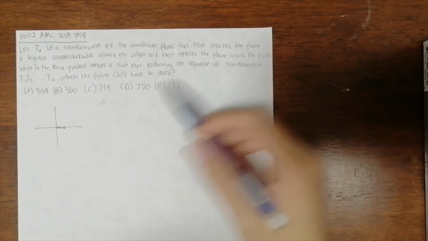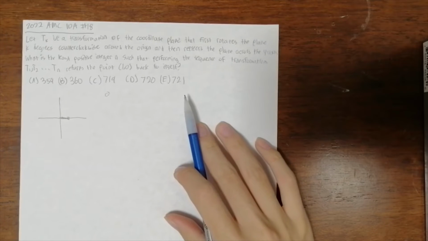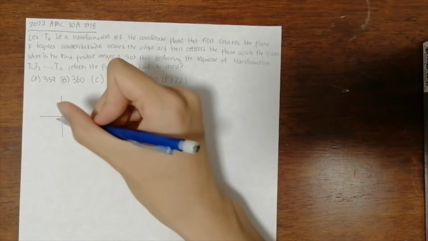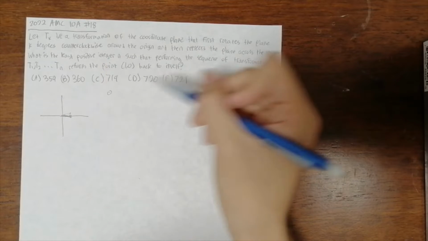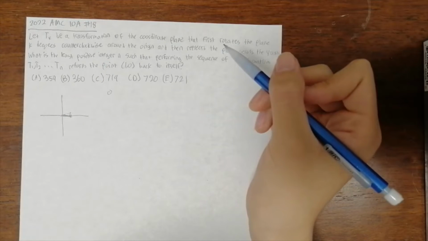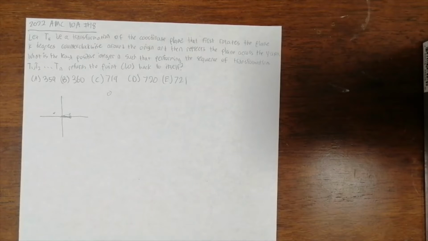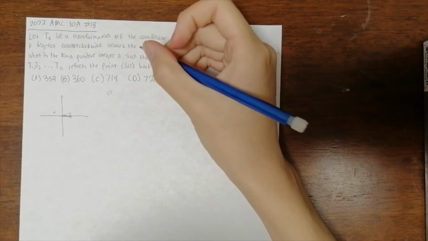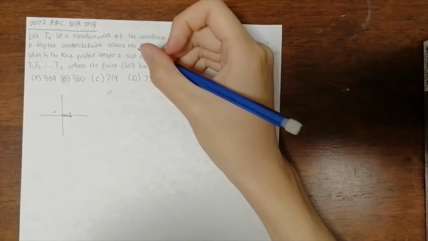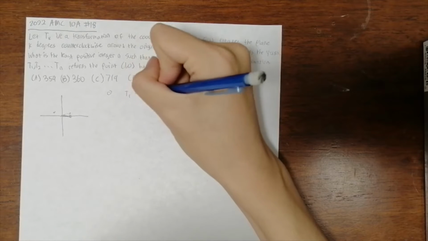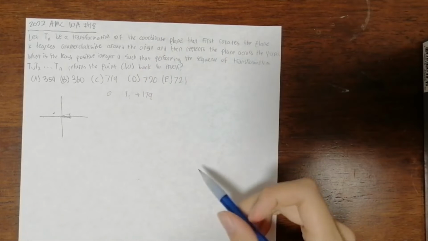After the first one, we rotate it 1 degree counterclockwise and then reflect it across the y-axis. So that would go over here, and that's going to be 179 degrees. So after T1, the point goes to 179.